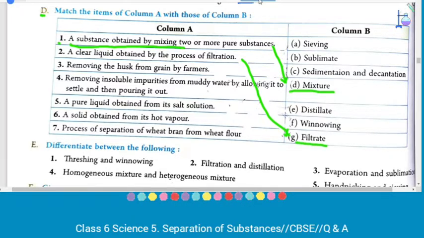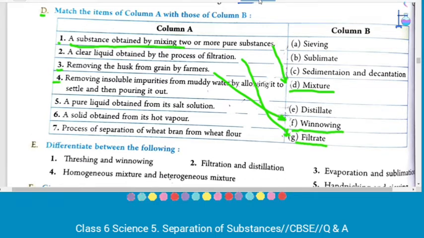Third one, removing the husk from grain by farmers is called as winnowing.